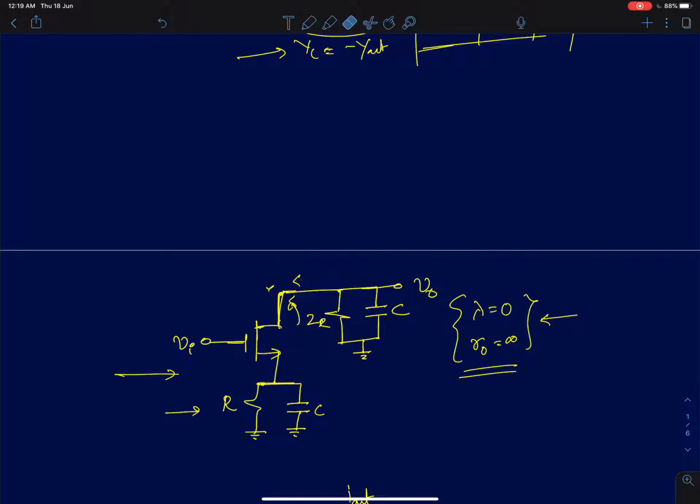It's fully isolated. So in that case, since Z out is infinity, the only condition that I can use to find the pole is when ZL is infinity. And ZL equals infinity happens at 2R equals minus 1 by SC. So the first pole will occur at minus 1 by 2RC.